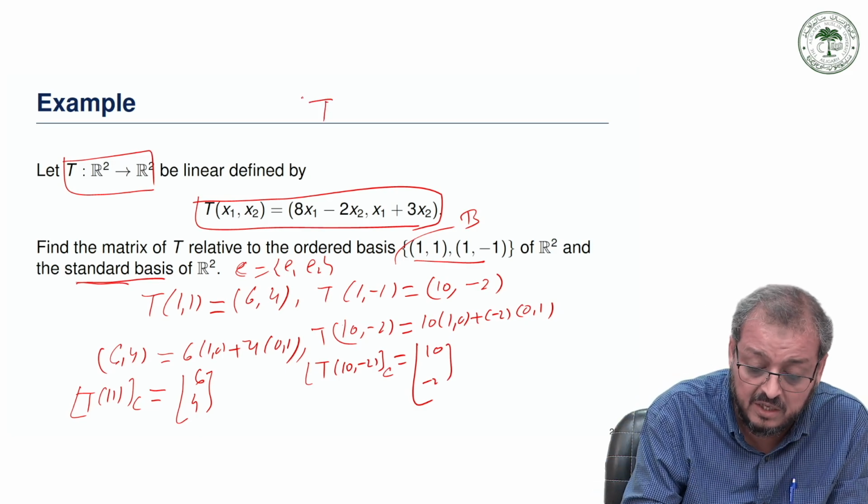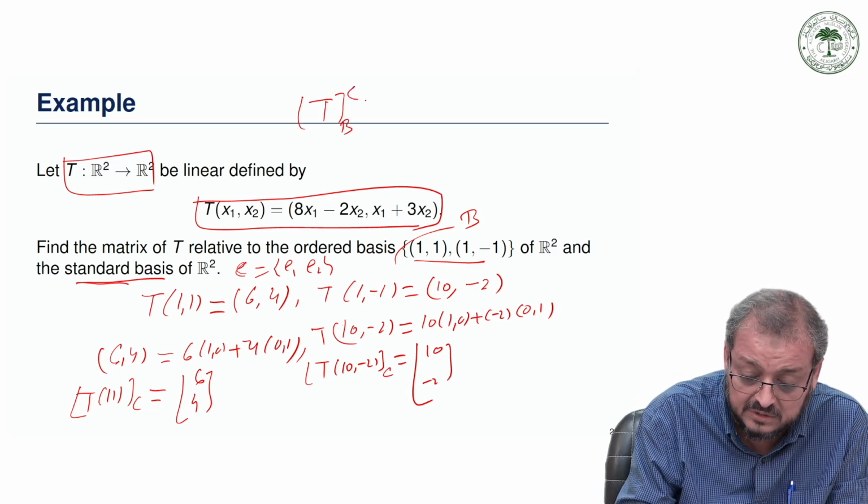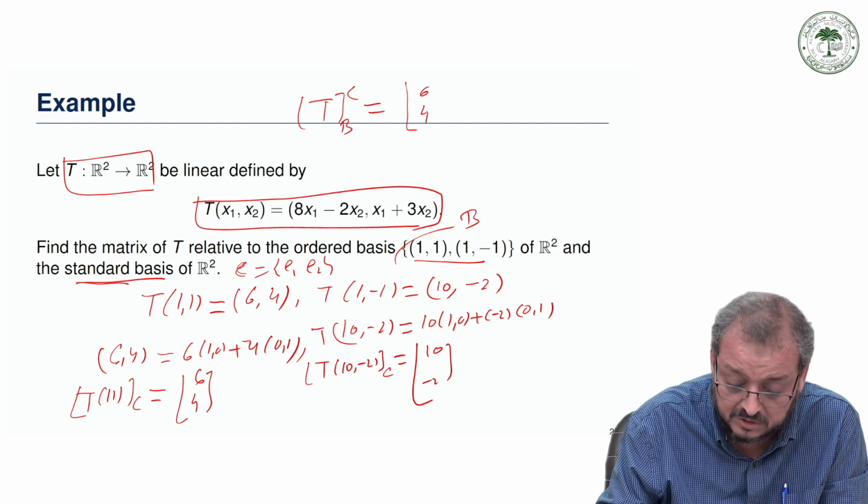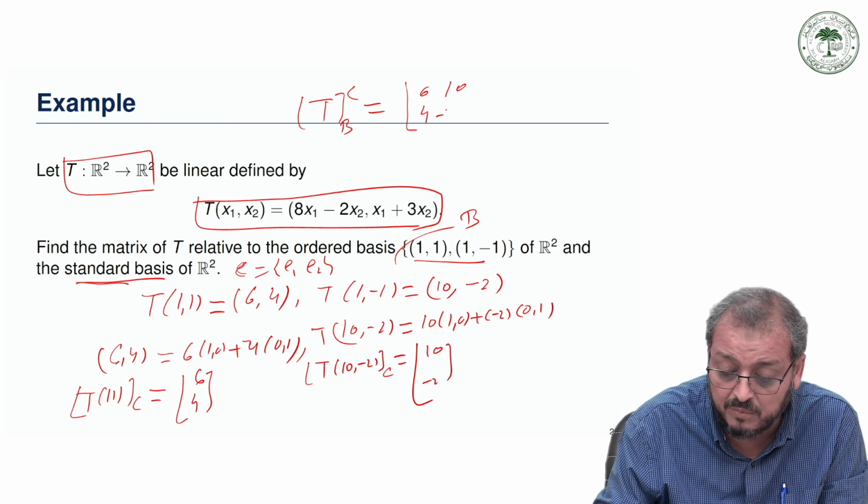Then we can say that T related to B and C can be written as the matrix with columns (6, 4) and (10, minus 2).